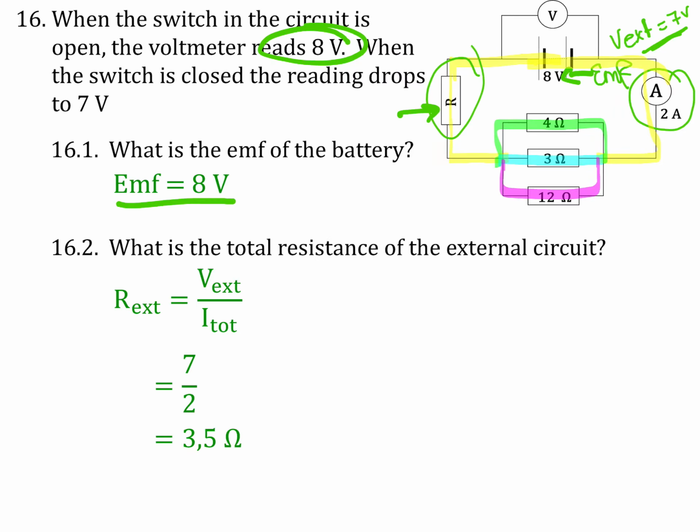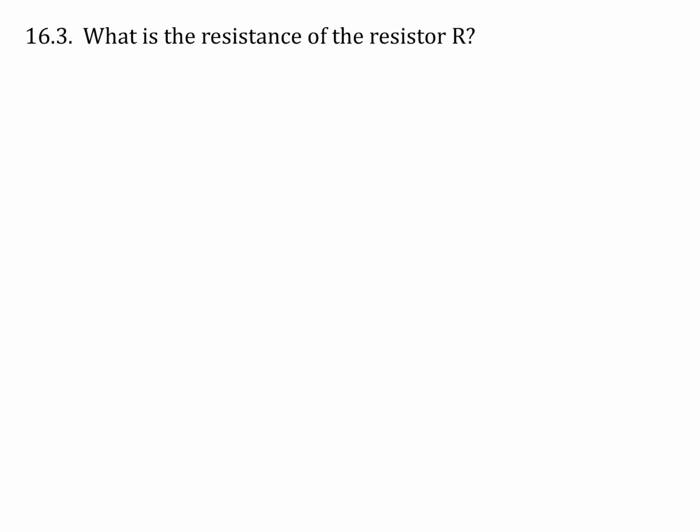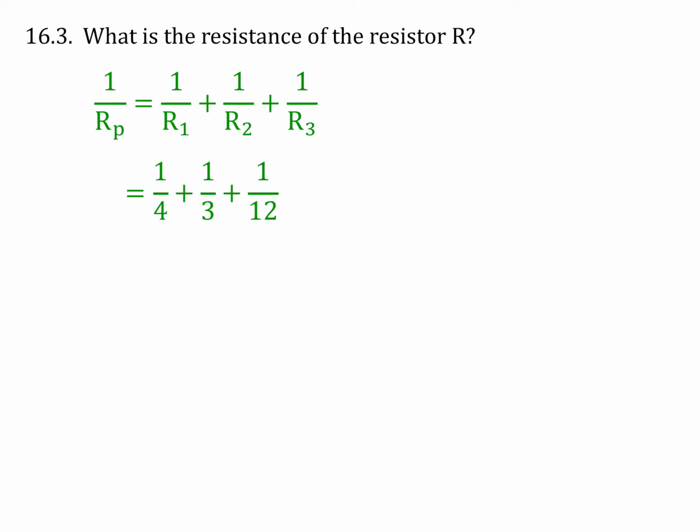Now they want the resistance of R, that one. So you've got to recognize that I would actually add R to R parallel, and those two together give me 3.5 ohms. So first thing I do is work out R parallel. It's 1 over R1 plus 1 over R2: 1 over 4 plus 1 over 3 plus 1 over 12, which is 8 over 12.